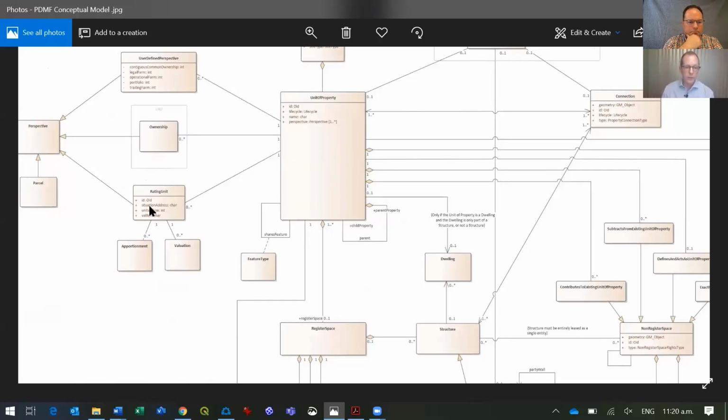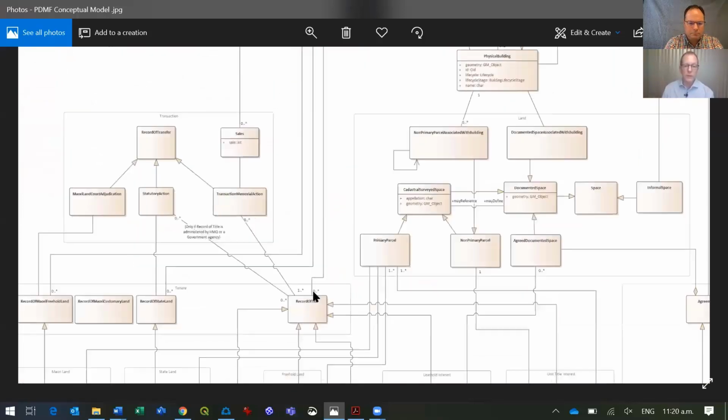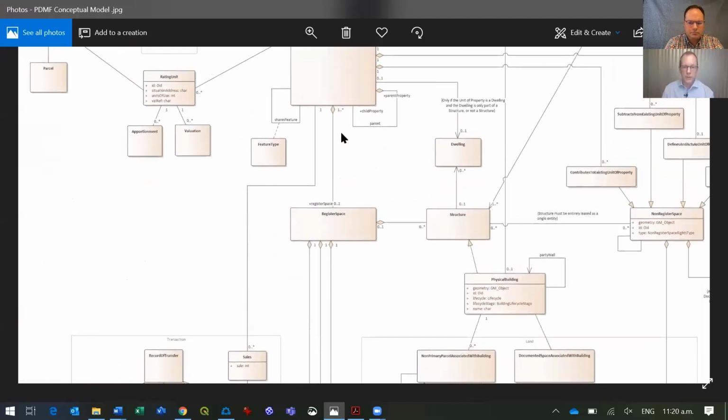We're working in this valuation perspective, which means our unit of property is going to be a val ref, and we're working to connect that through to titles. That's work that LINZ is progressing with now.